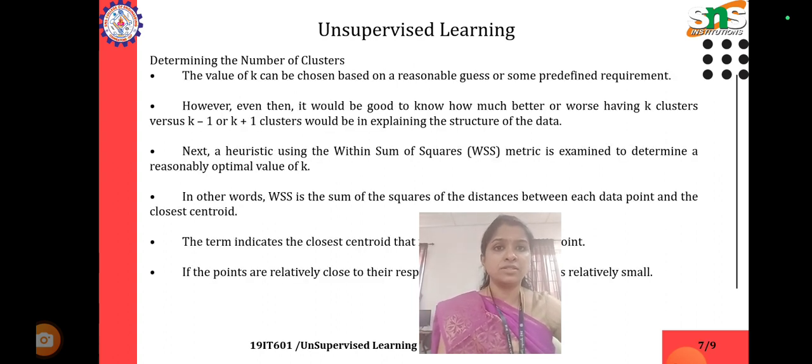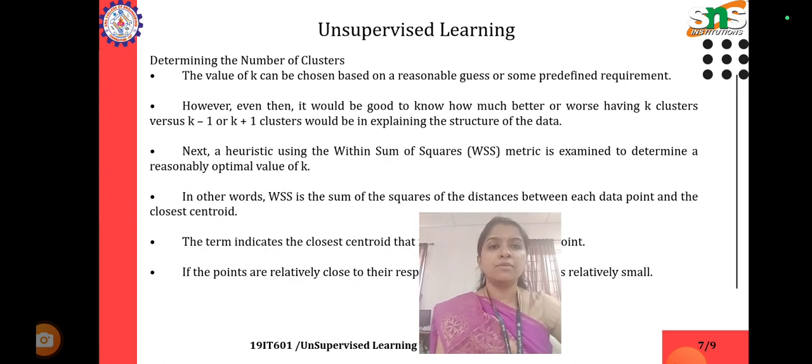Determining the number of clusters: the value of k can be chosen based on a reasonable guess or some predefined requirement. However, even then it would be good to know how much better or worse having k clusters versus k minus 1 or k plus 1 clusters would be in explaining the structure of the data. Next, a heuristic using the within sum of squares metric is examined to determine a reasonably optimal value of k.